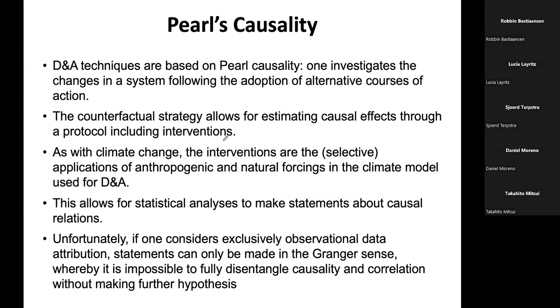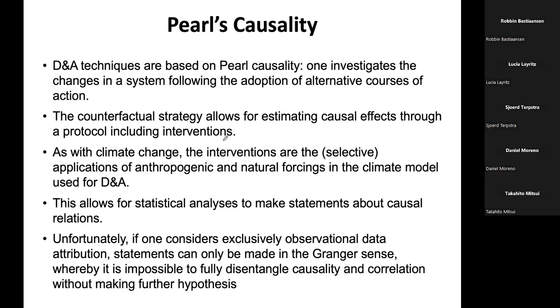So this is different from Granger causality, which has a much harder time to disentangle causal relationships from correlations, and the Pearl causality requires the use of models and the application of interventions. The interventions are exactly the application of different protocols of forcing in an otherwise unperturbed climate run. So the concept of causality is key to making statements about the physical relevance of the causes. That's why we can do the attribution, okay?